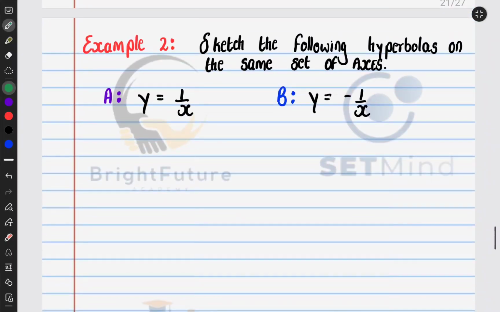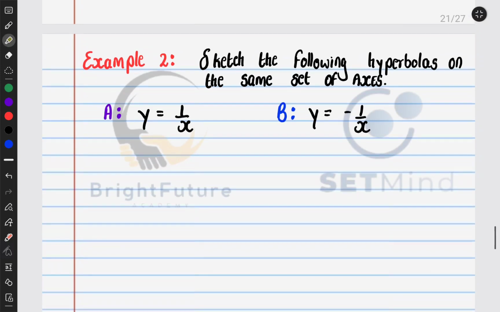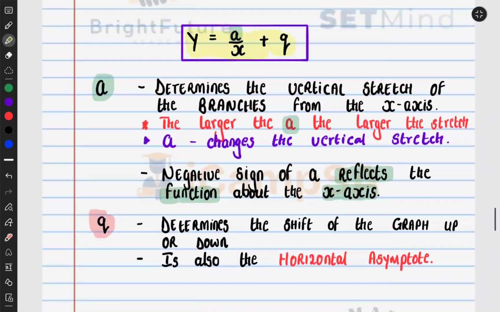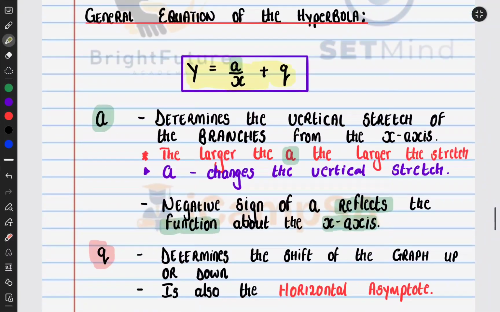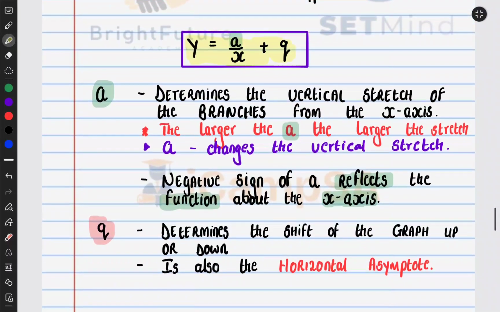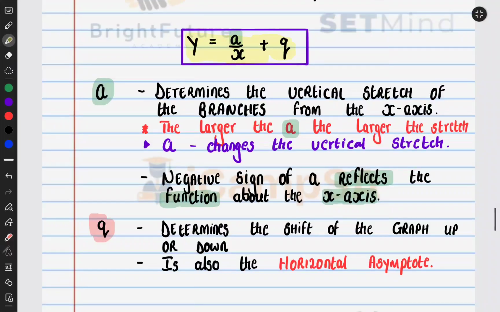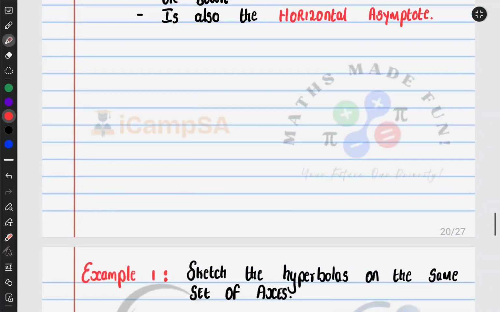Now let's go ahead and sketch the following hyperbolas on the same set of axes. Example number 2. So here we are essentially investigating the effects of changing the sign of a. It's already been introduced: a negative sign of a reflects the function about the x-axis.